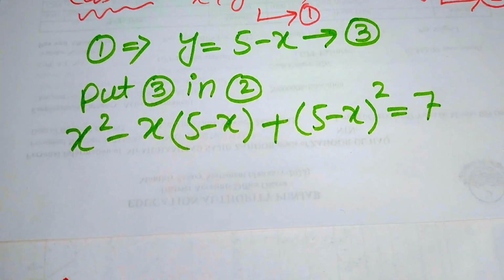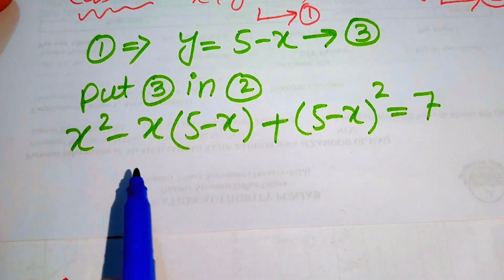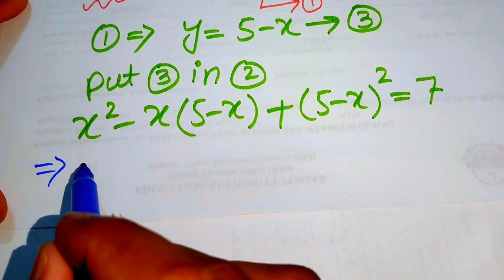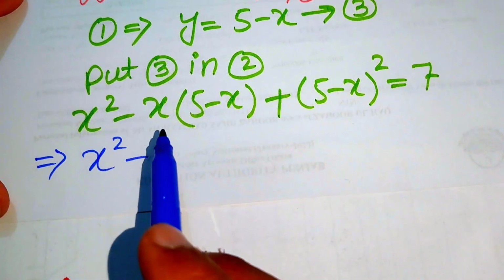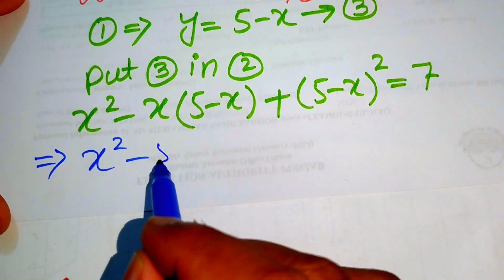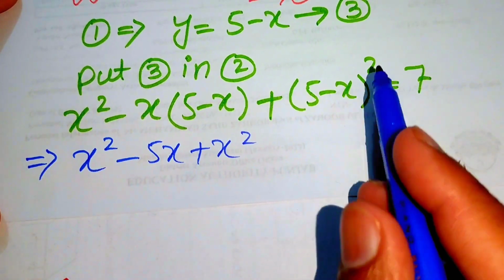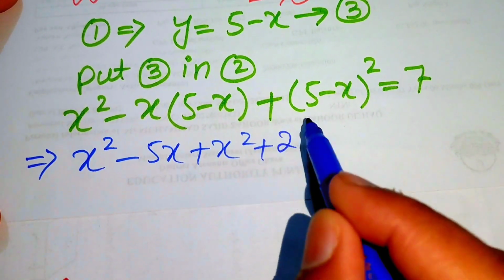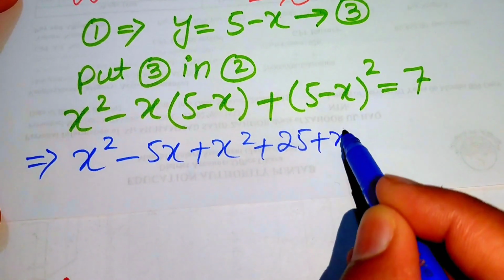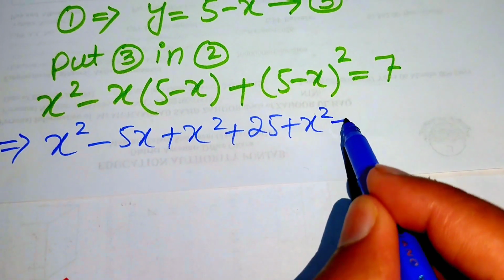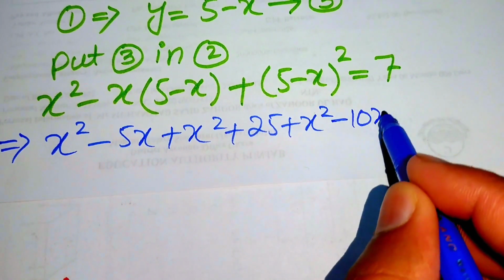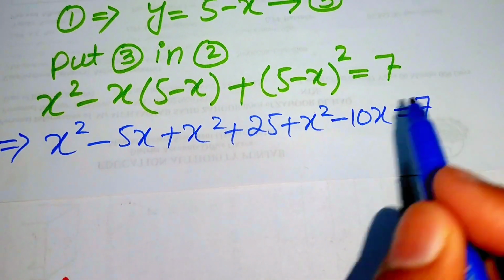So we get this term, and now we solve this equation so that we simplify the terms, and we get x square minus, we multiply this x on both of these terms, and we get minus 5x plus x square, and we open the square of this term and we get 5 square is 25 plus x square minus 10 times x equals 7.